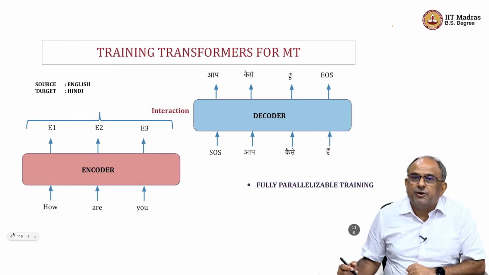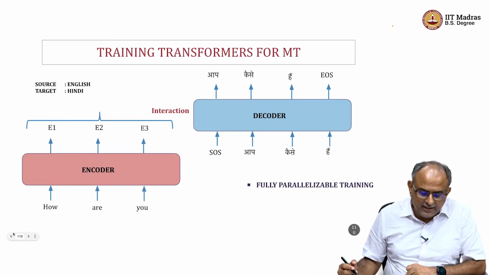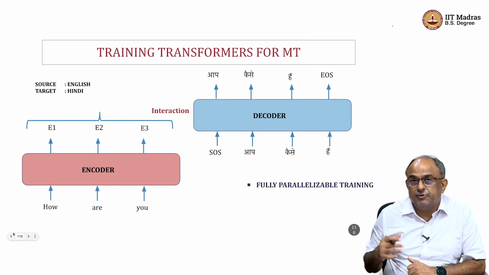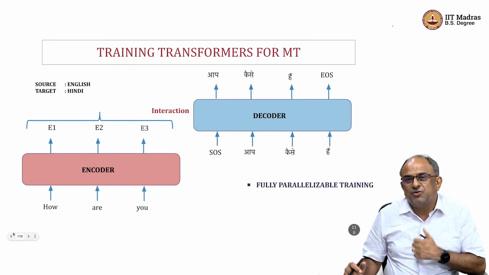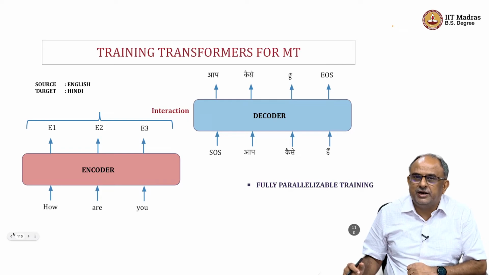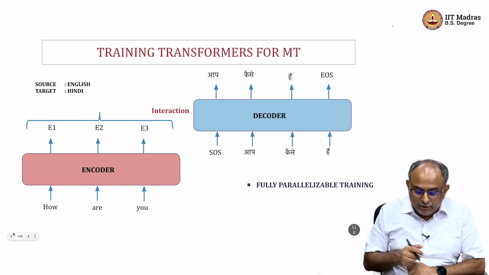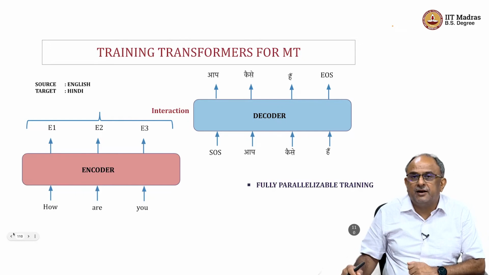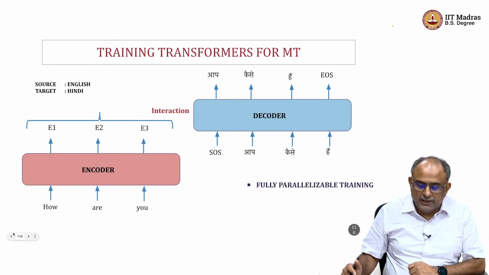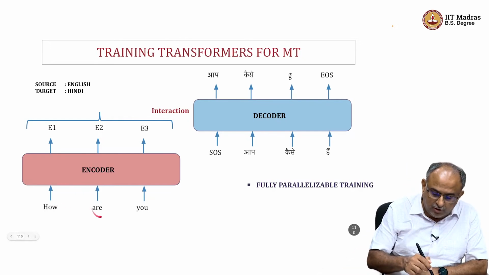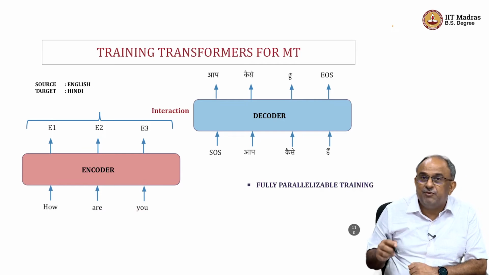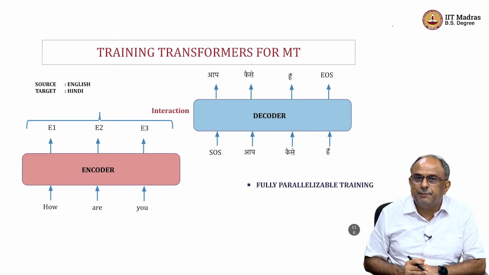So therefore, people are always looking at ways to parallelize, especially while training, where we are going to feed large amounts of data. Inferencing is also important, but training is where we are going to pump in large amounts of data, right. So, if we parallelize there, we are going to save a lot of time, right. If you look at this, this is completely parallelizable. Why is it completely parallelizable? If you look at the input, all of them are occurring in parallel, and we said self attention is completely parallelizable.